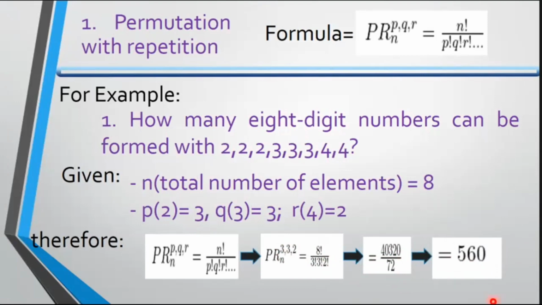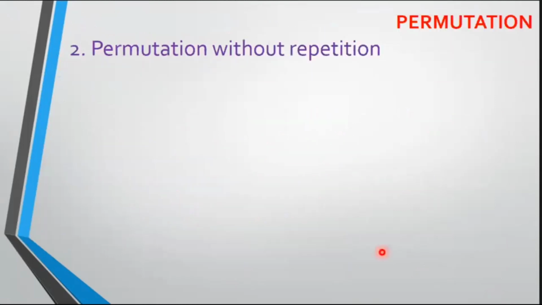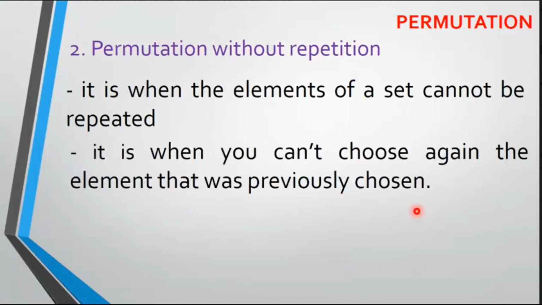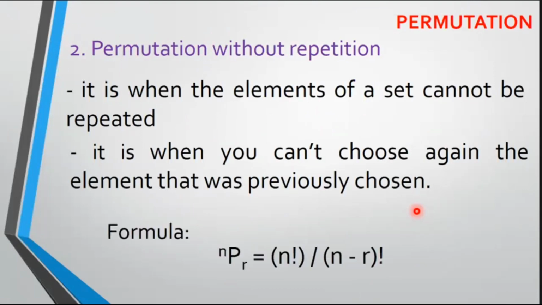So next, we have to tackle also the second type, which is the permutation without repetition. It is when the elements of a set cannot be repeated, so you cannot choose again the element that was previously chosen. So our formula is nPr equals open parenthesis n factorial close parenthesis over open parenthesis n minus r close parenthesis factorial.